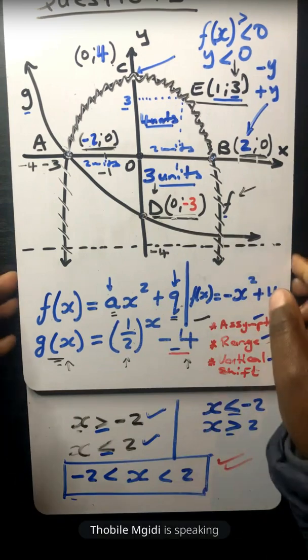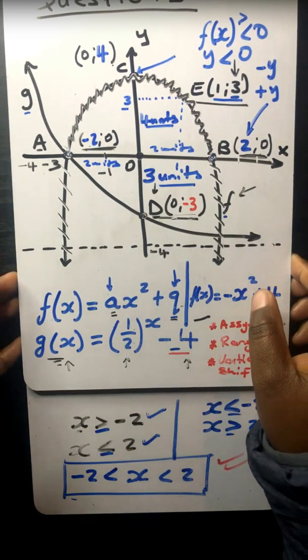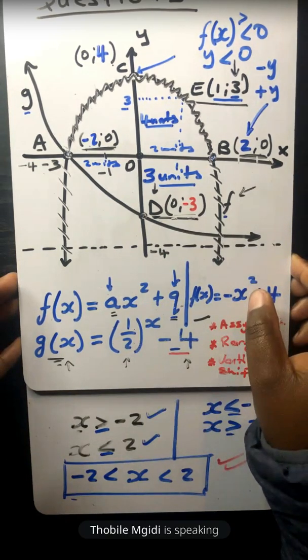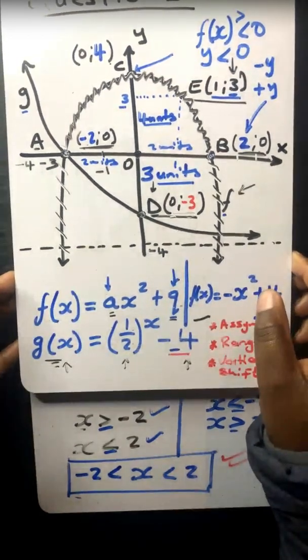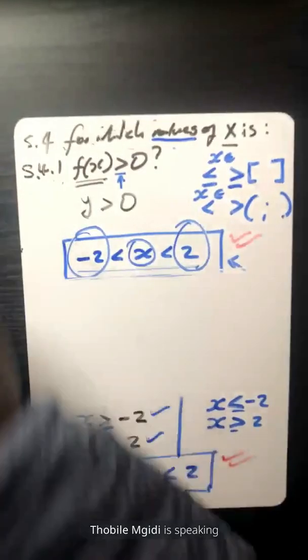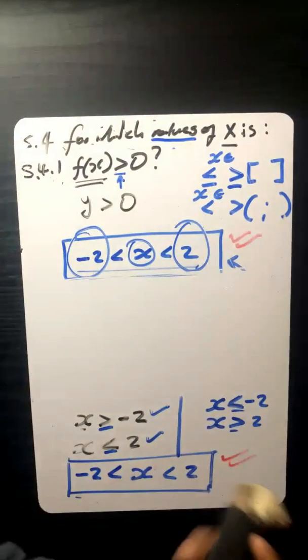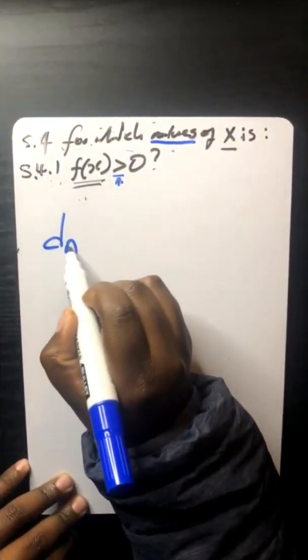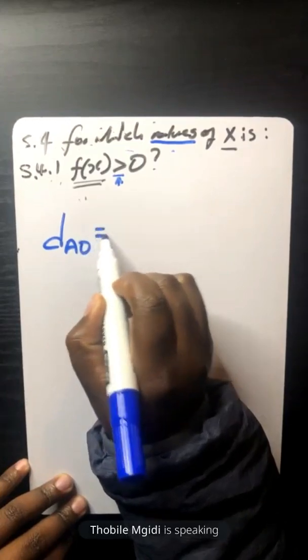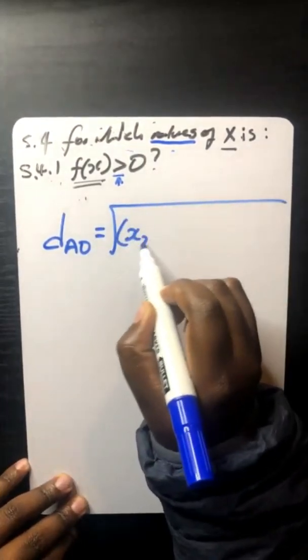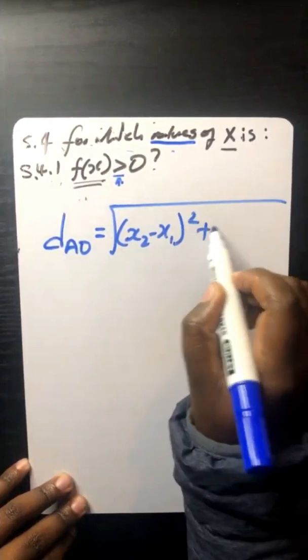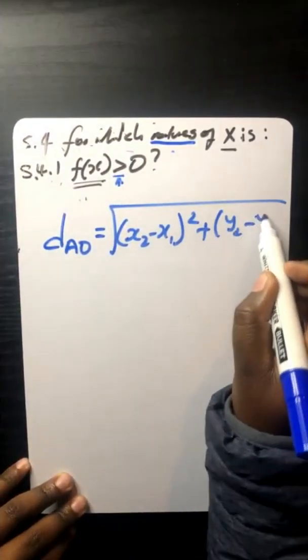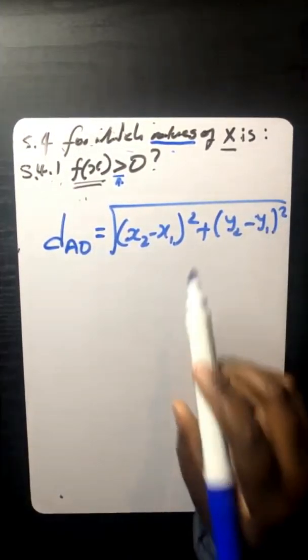I'll give a general response, because the answer to that question is in the formula sheet, guys. If she's asking what the distance formula is, say A to the origin, this is the distance formula: the square root of (x2 minus x1) squared plus (y2 minus y1) squared. Did I answer you there?